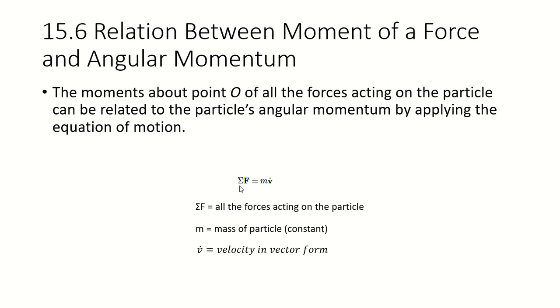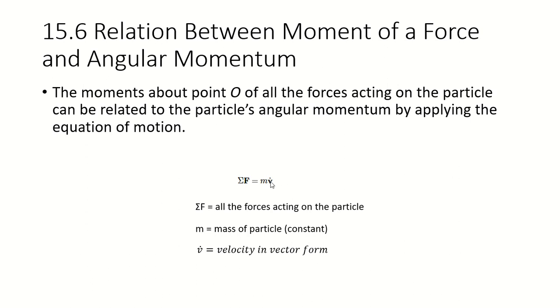So the sum of forces acting on that particle can be related to the particle's angular momentum, and you can apply this equation. This is your mass and then your velocity, and we call the whole thing, with a little dot, the rate of change of angular momentum.